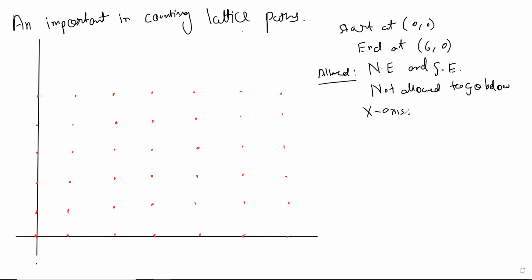Yeah, let's think about how many such paths there are. An example of such a path: you can come back and touch the x-axis, but you're not allowed to go below it.